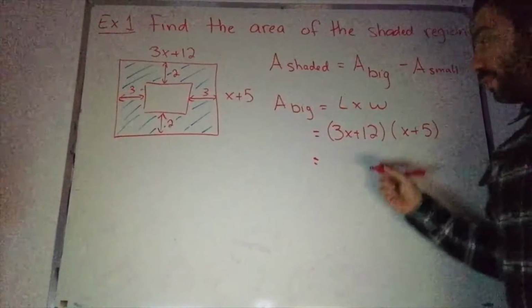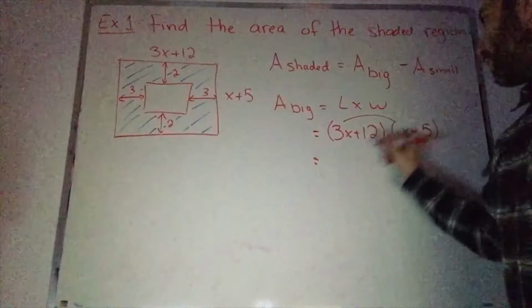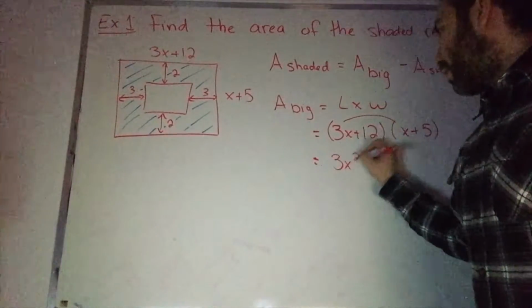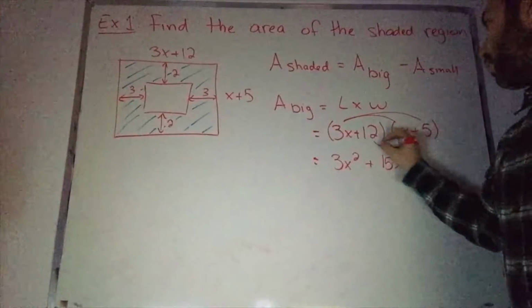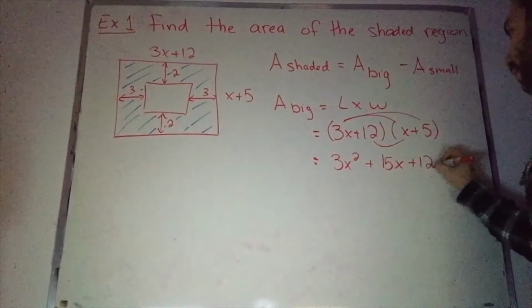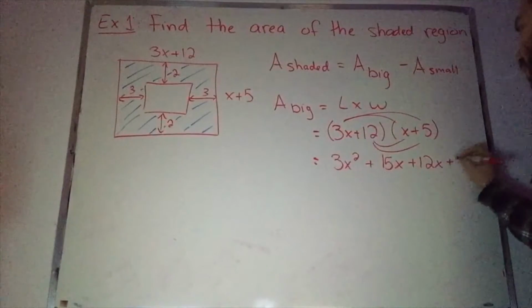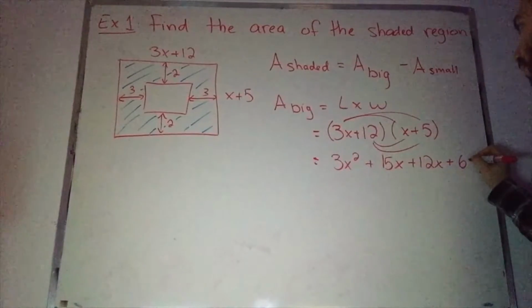So here we have to FOIL. So 3x times x is 3x squared, 3x times 5 is 15x, 12 times x is 12x, and 12 times 5 is 60.